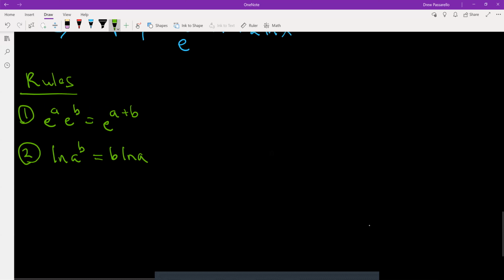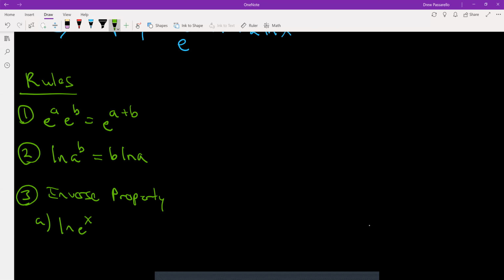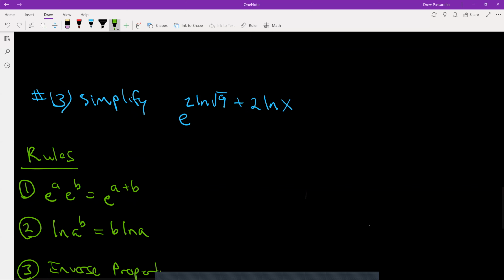And then I'm going to apply the inverse property or inverse relationship. All right, these are some rules I'm going to apply to this problem.